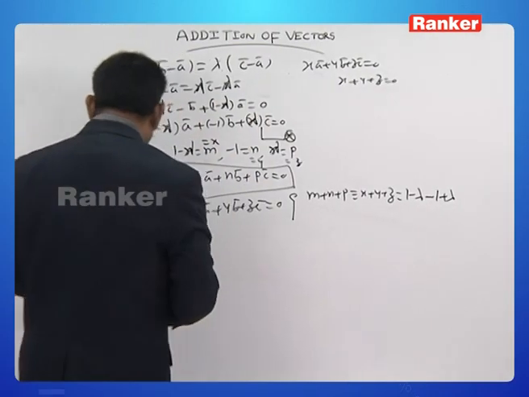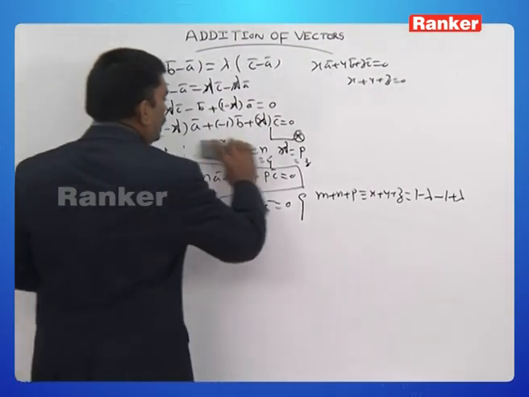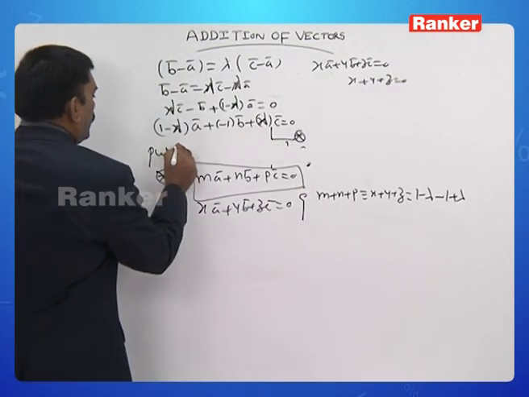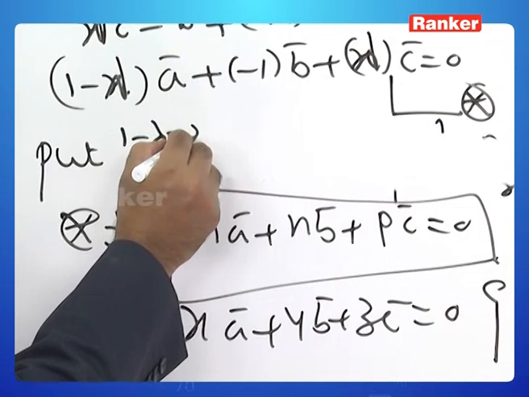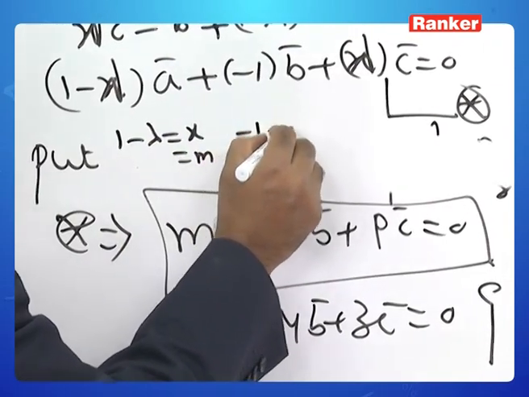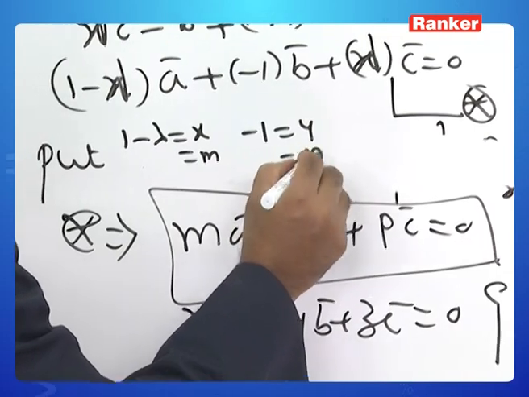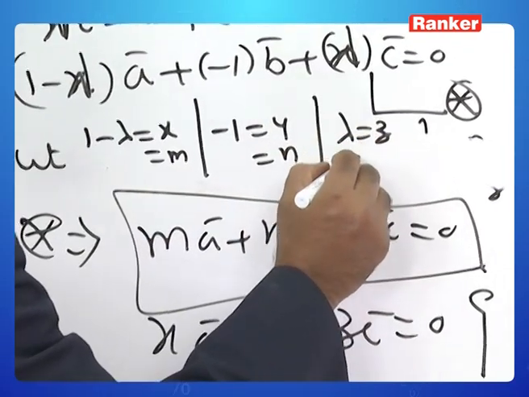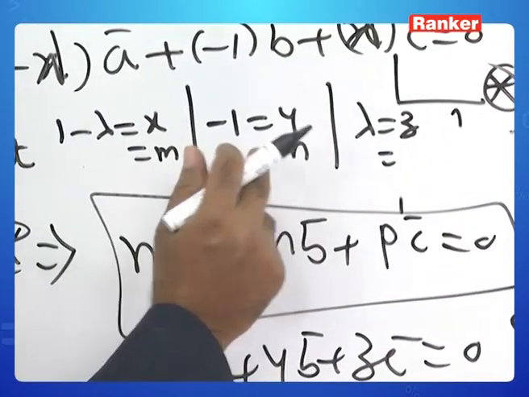Once again, 1 minus lambda can be taken as either X or M, minus 1 as Y or N, and lambda as Z or P.